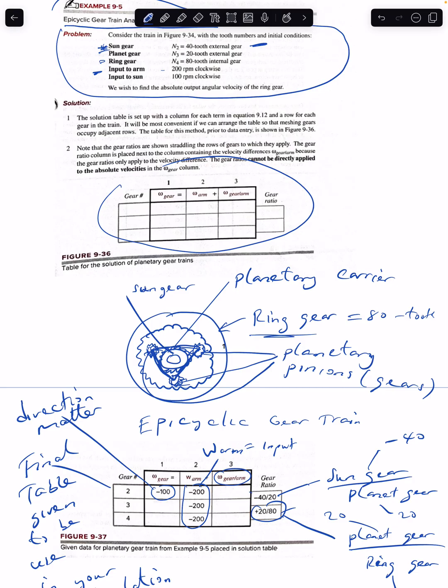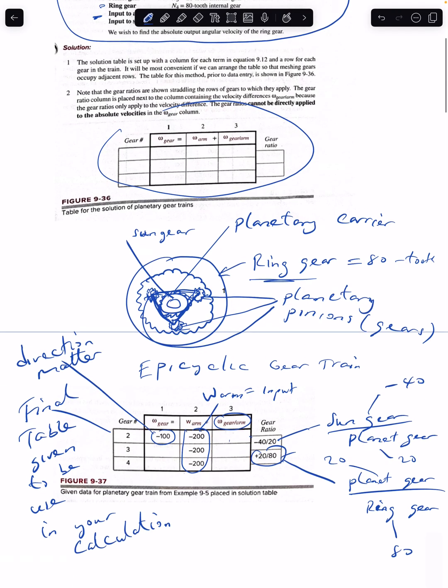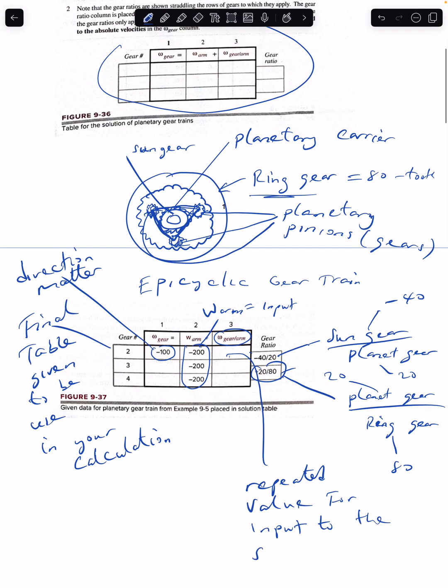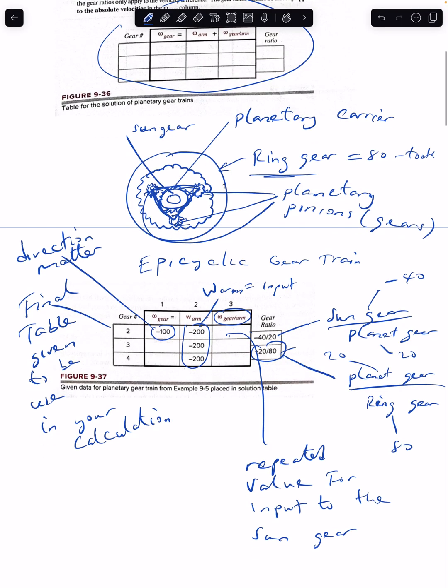And this value here, let me write it down so you can see. This value here must be repeated, the value for the input to the sun gear.